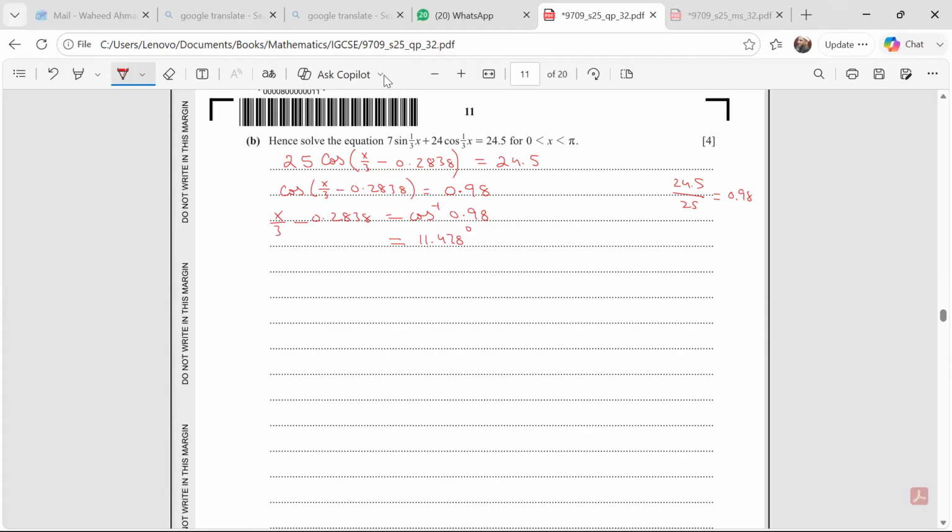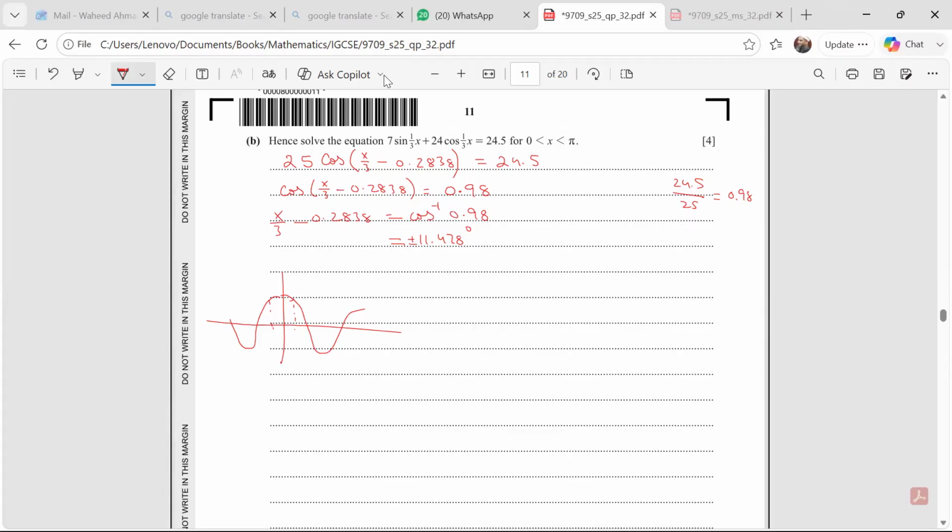Now, remember cosine function, it is something like this, right? So it's even function. So if 11 degree is giving me this answer, then minus 11 will also give me the same answer. So the answer should be plus minus 11.478 degree, right?